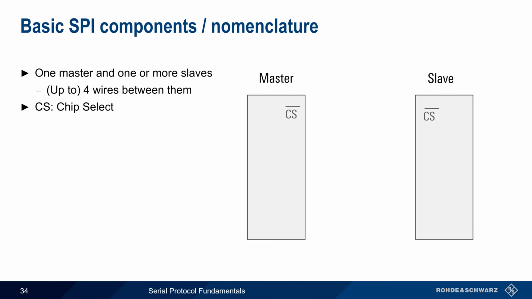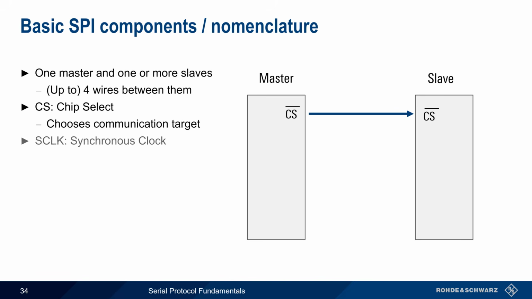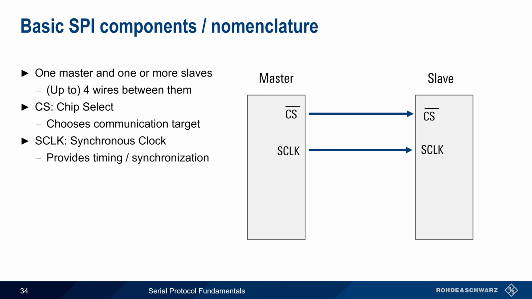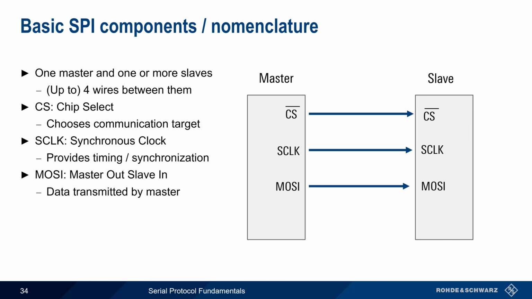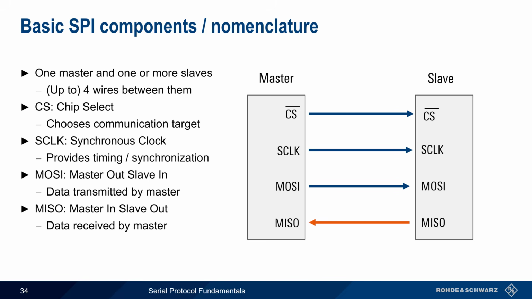The chip select wire is used to select which slave the master wants to communicate with. The synchronous clock signal is used to provide timing and synchronization. Data from the master to the slave is sent on MOSI, that is, master out, slave in, and data from the slave to the master is sent on master in, slave out, or MISO.